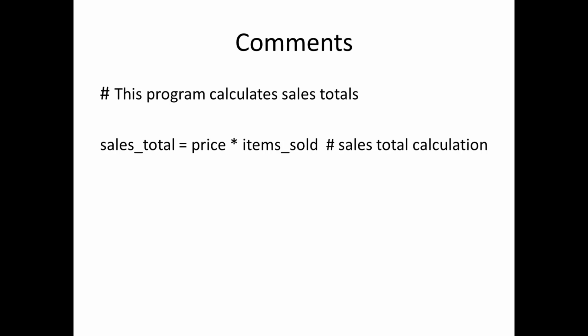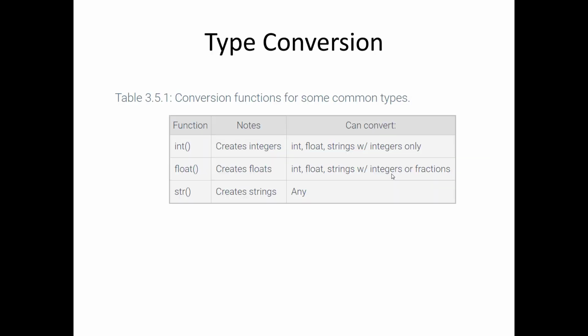Here's an expression where we're multiplying the price times items sold to calculate a sales total. We can insert an end of line comment for another programmer to understand what this particular statement does. And then of course we can print the sales total.